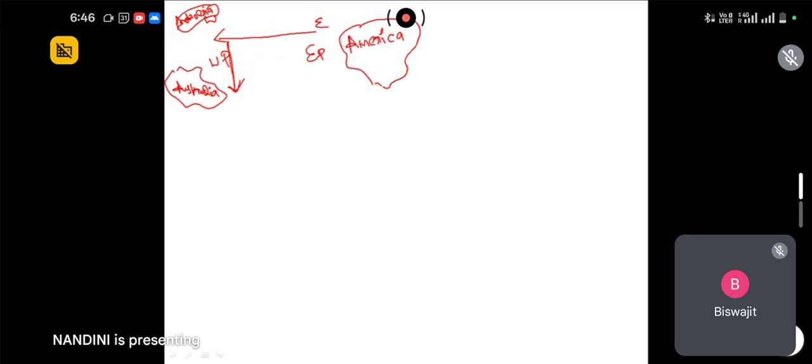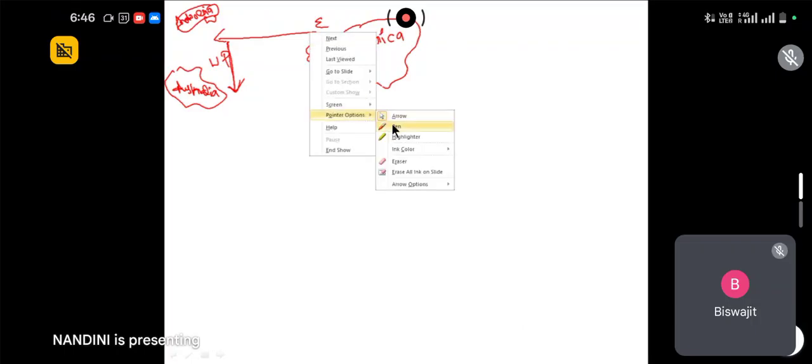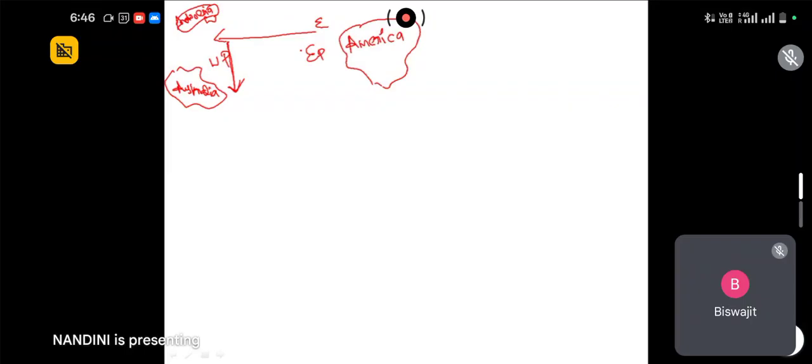As the wind blows from east to west, it takes the water from the surface, and the surface is basically having the warmer water. Assume the whole thing had the same temperature initially. Once the trade wind starts blowing, it takes the warmer surface waters from the eastern Pacific to the western Pacific.